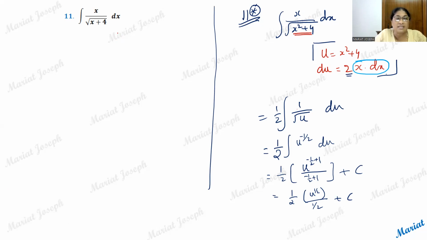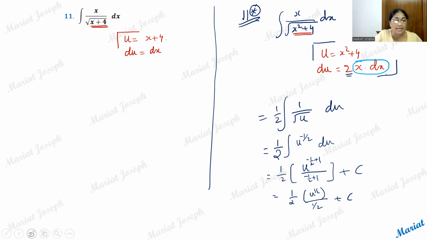But in this question number 11, still we will take u equal to x plus 4. All of you take it. What is du by dx? du equal to 1 dx. Why is it 1 dx?